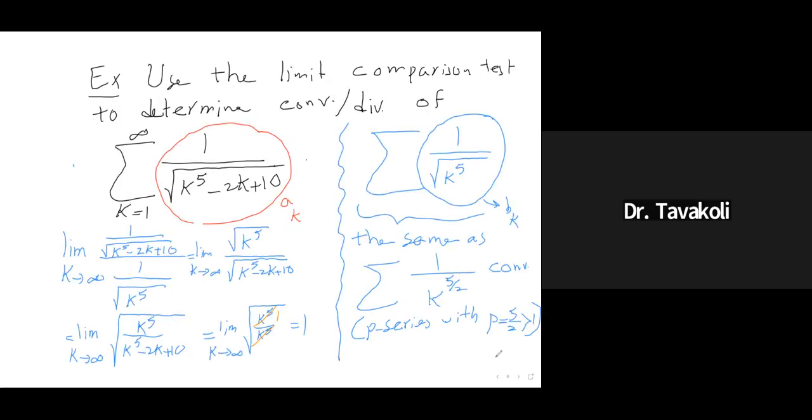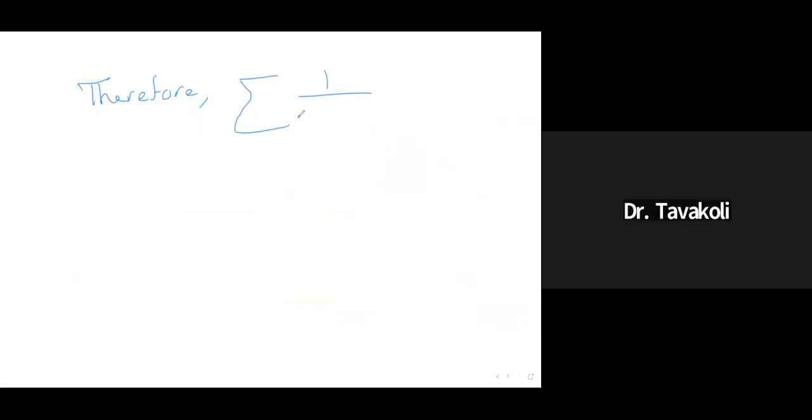Therefore, sigma of 1 over the radical of (k to the 5 minus 2k plus 10) is convergent by the limit comparison test.